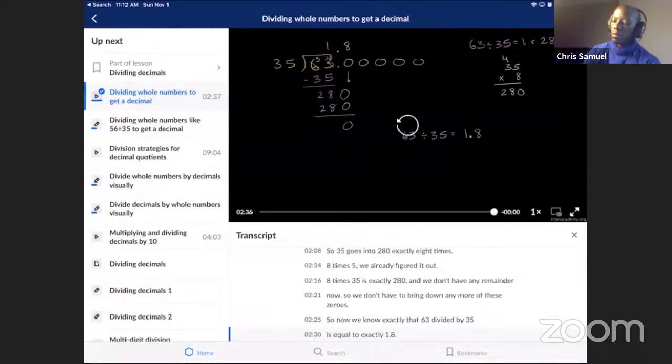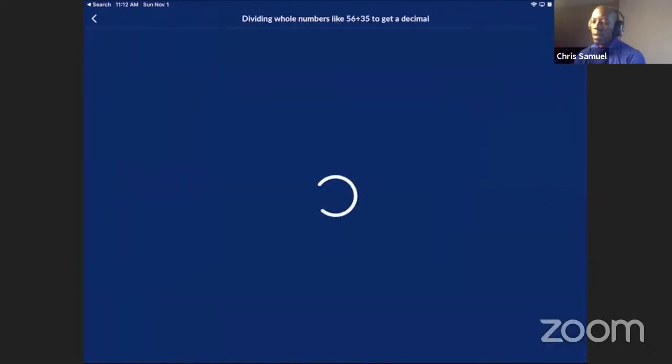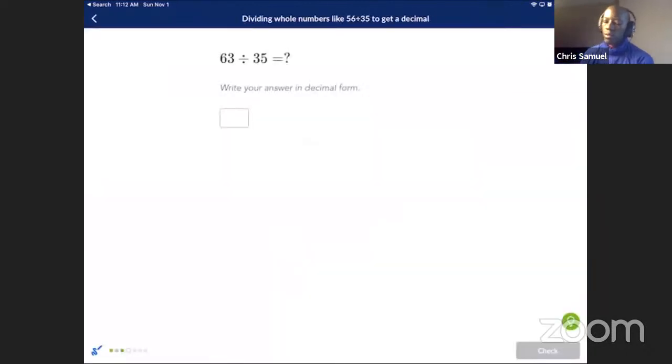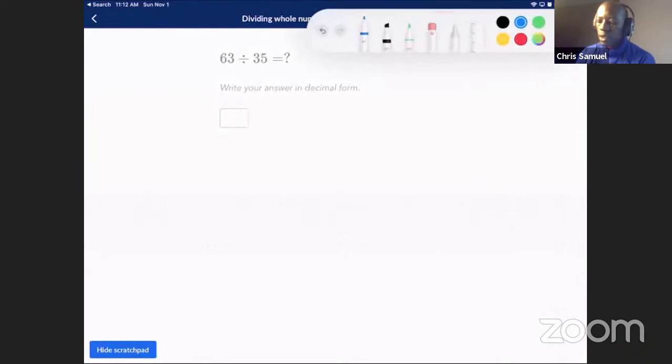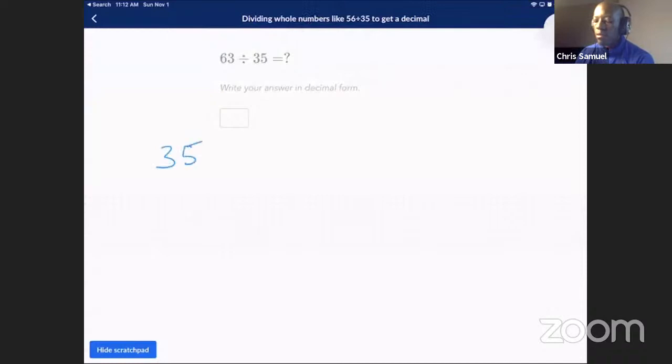Okay, so basically I see that the steps you go through for these things are relatively straightforward. If you have 63 divided by 35, like we had before, 35 goes into 63 at least one time.